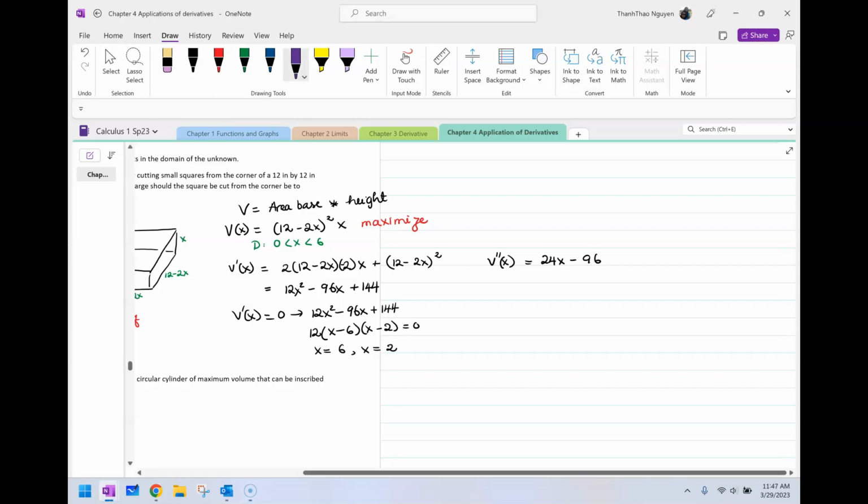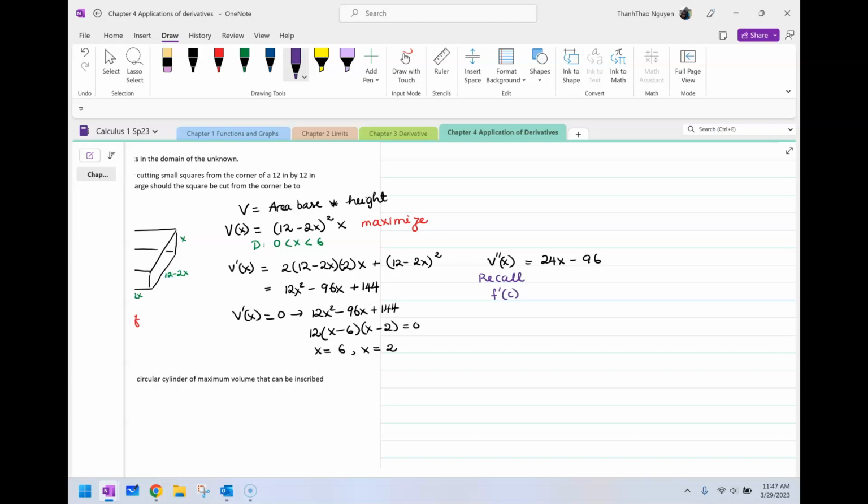Recall the maximum and minimum test that we know: if f prime of c equals 0 and f double prime of c is greater than 0, then c is a minimum. If f prime of c equals 0 and f double prime of c is less than 0, then at c we have a max.